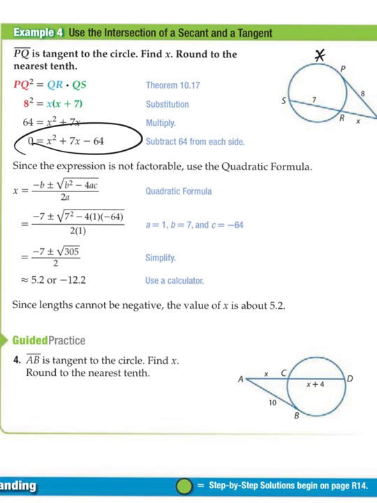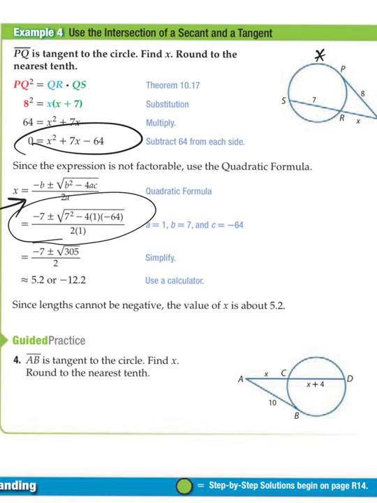When that happens, I have to use my quadratic formula. Remember that a is always the coefficient on the x squared, b is always the coefficient on the x term, and c is always the constant. And you plug that into your quadratic formula, and we get approximately 5.2 or negative 12.2.